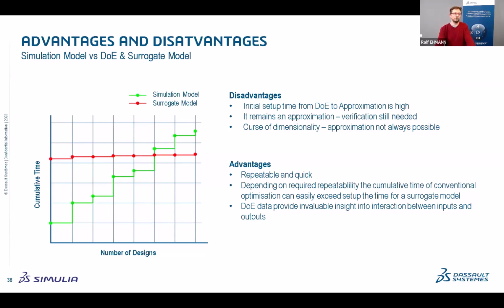And if your antenna requires repeatable designs for different requirements, then the cumulative time for conventional optimization can easily exceed the setup time for a surrogate model. Even without using a surrogate model, just visualizing the DOE data gives invaluable insight into the interaction between your inputs and outputs.